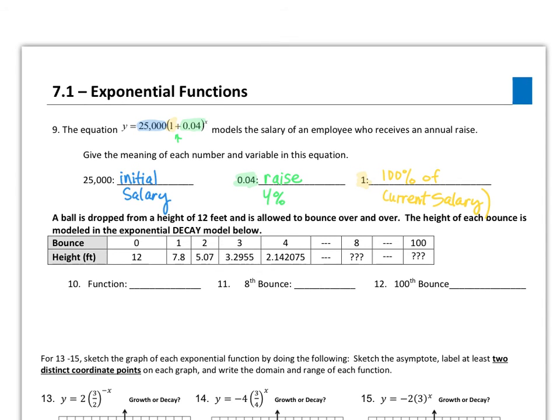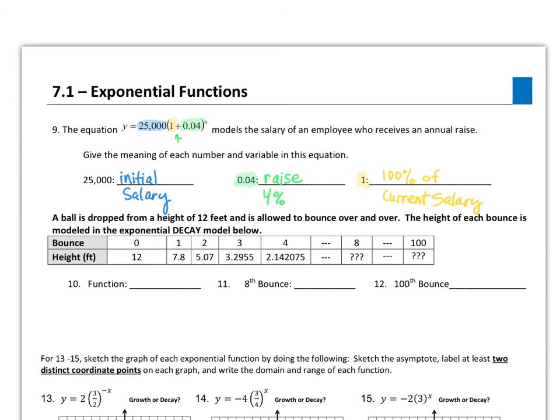Okay. Let's see. The next part, they're asking you to figure out on the table here. A ball is dropped from a height of 12 feet and is allowed to bounce over and over. The height of each bounce is modeled in the exponential decay model below. Okay, if I were going to write this function, I need all those pieces, right, that we had before.